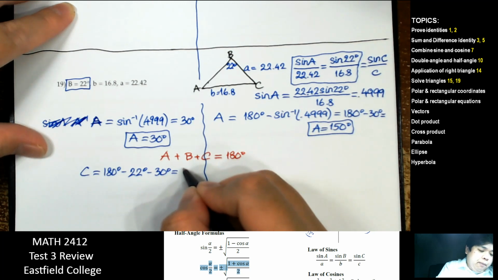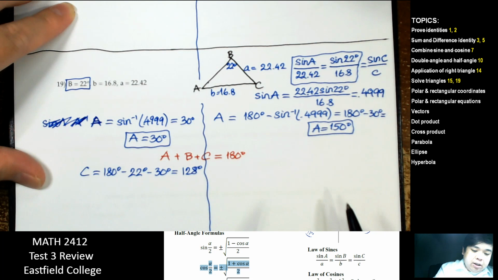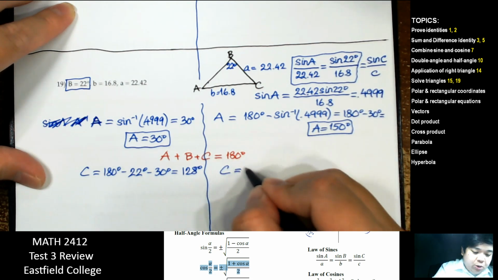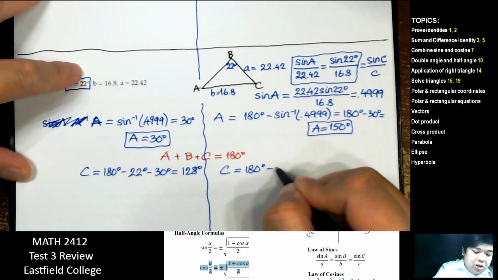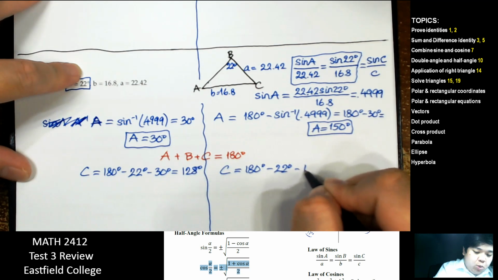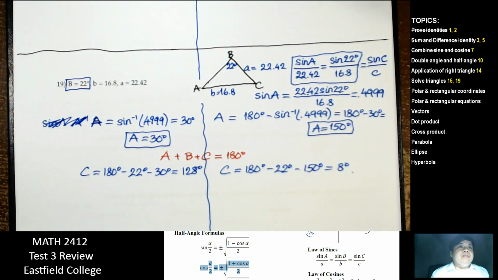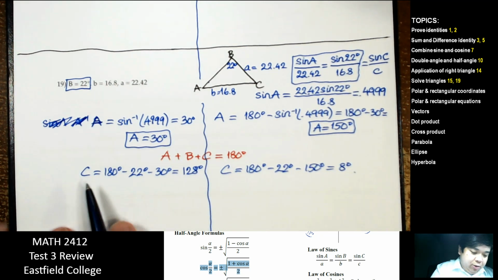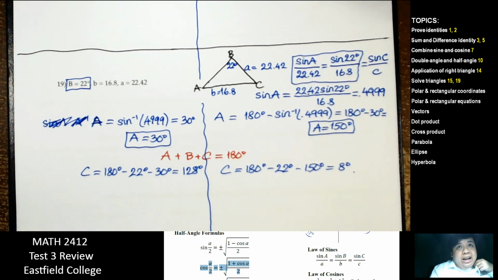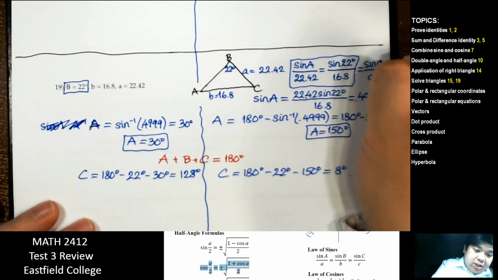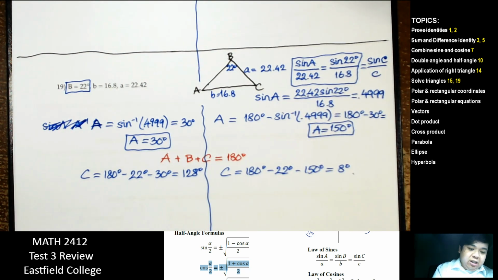That is 128 degrees. And on this side, we have C equal to 180 minus 22 minus 150, and we only have 8 degrees. Right. So we have two solutions for C, and once we know the angle C, we can find the side c.